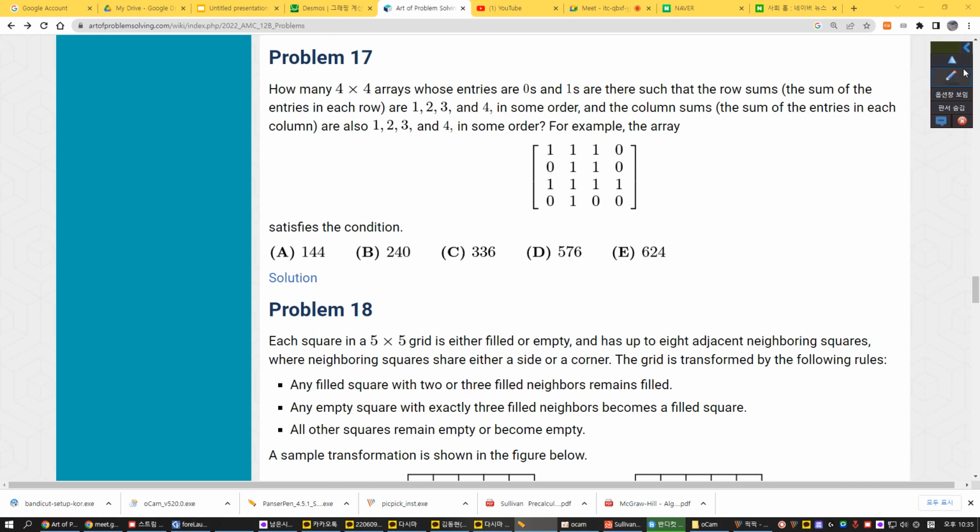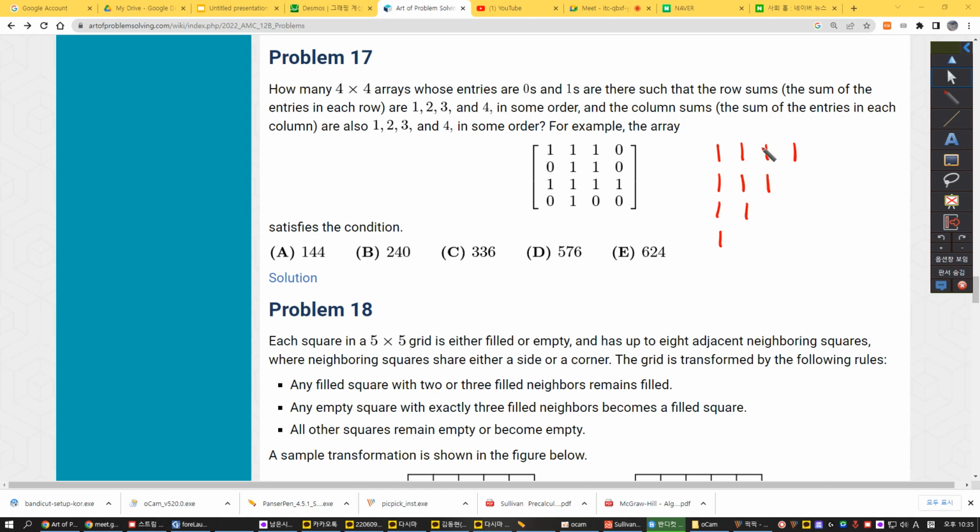And for this problem, let's make a case. I mean, one example looks like this. Something like this.